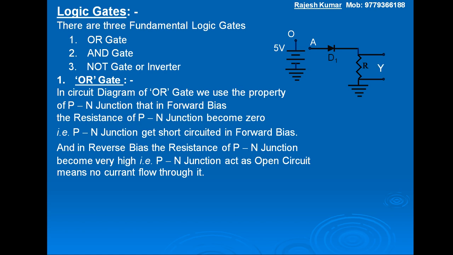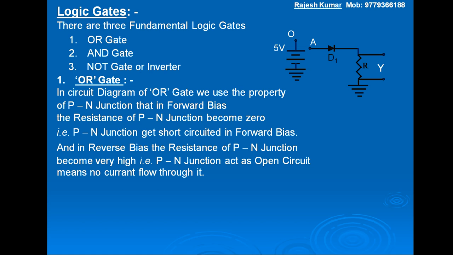The number of PN junctions connected is equal to the number of inputs given to the OR gate. We consider an OR gate with 2 inputs, so we use 2 PN junctions.